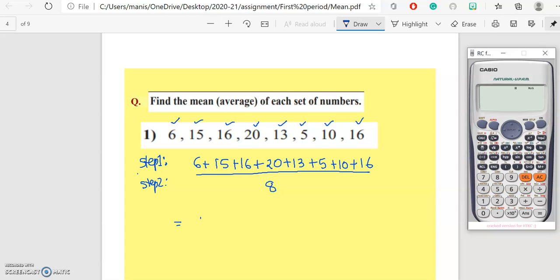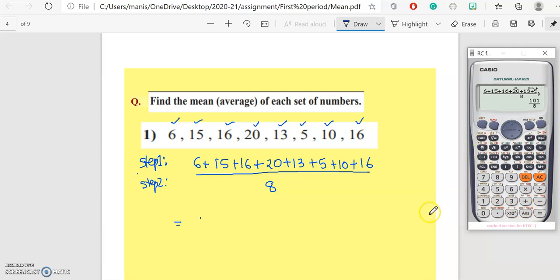Okay, so I can get my answer. What I am doing is adding all the values in my calculator, and dividing by how many values there are, which is 8. If you are using a scientific calculator, use the fraction button. Now I'll press the equal sign.